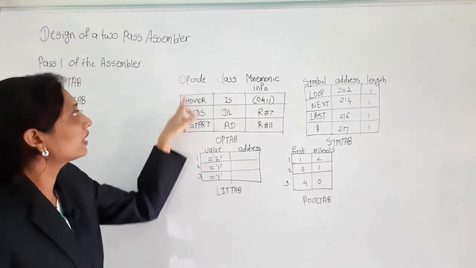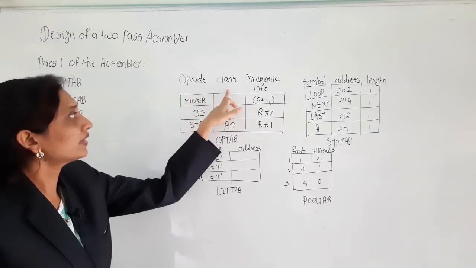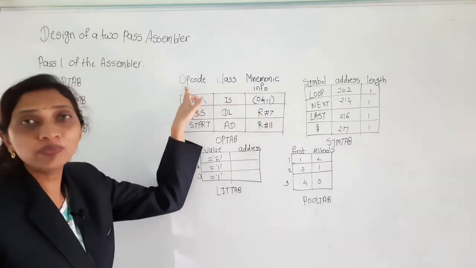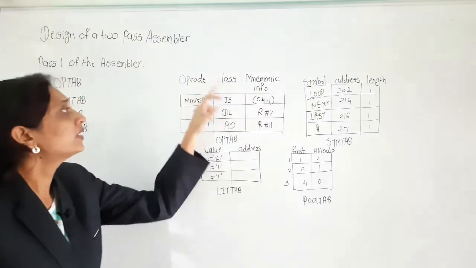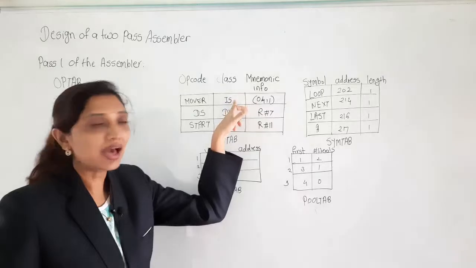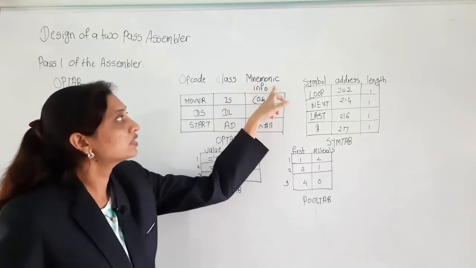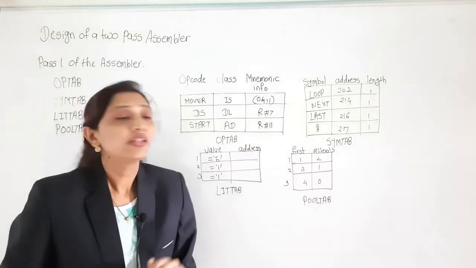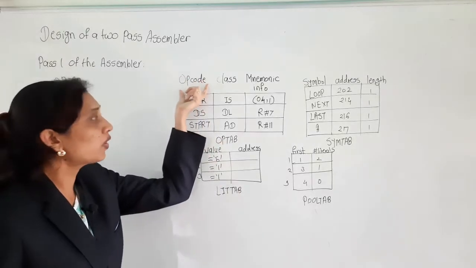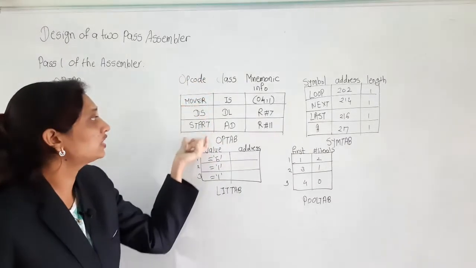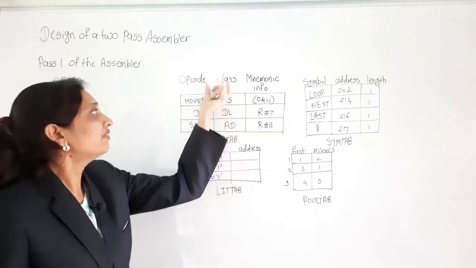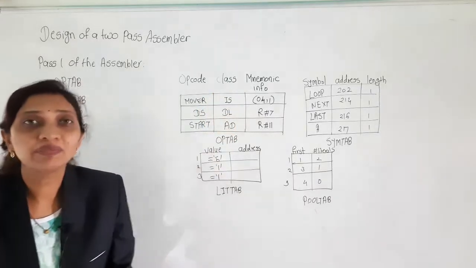The first field is the mnemonic opcode, the second is the class, and the third is the mnemonic information. The class specifies which class the statement belongs to.